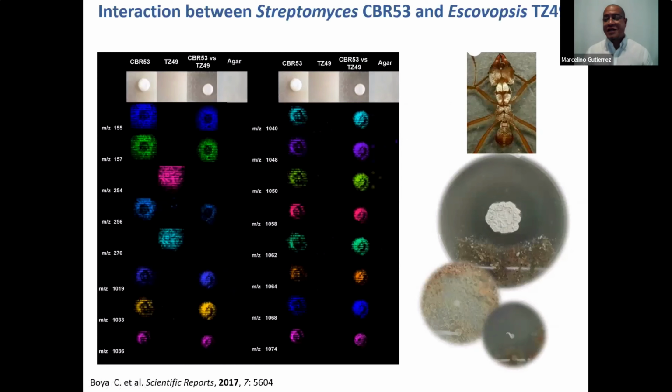Okay, we used the same approach, studying the interaction zones using imaging. We can see the actinomycete bacteria, and we can see here the Escovopsis fungus, and we see the clear inhibition through the production of metabolites. And here we can see, in different colors, the presence of different metabolites.